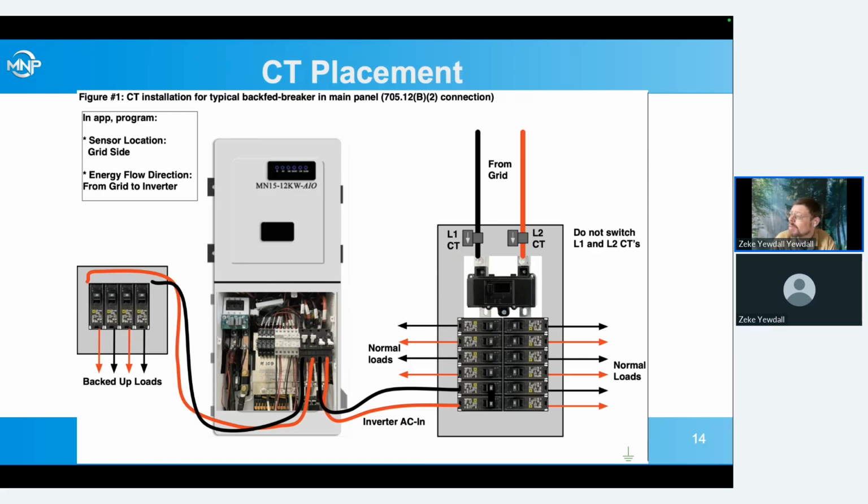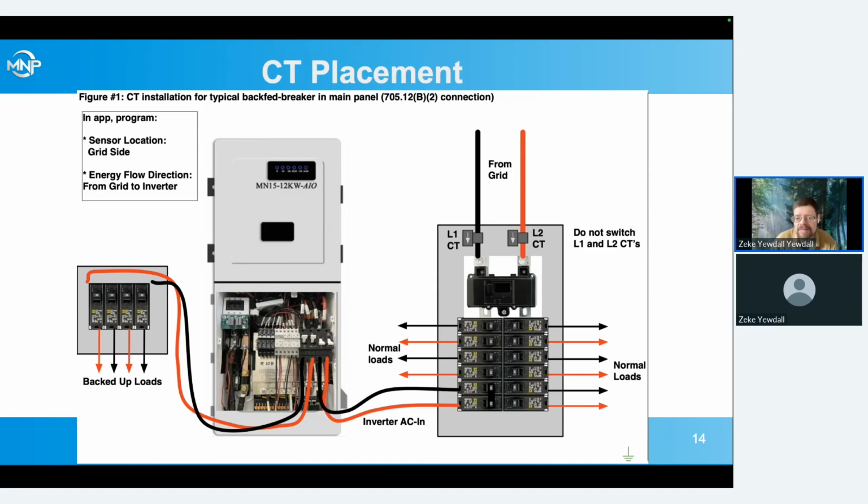So this is probably one of the problems we see in, I don't know, a lot of the cases. A very common issue with CT placement is that they're on the wrong lines or facing the wrong directions.